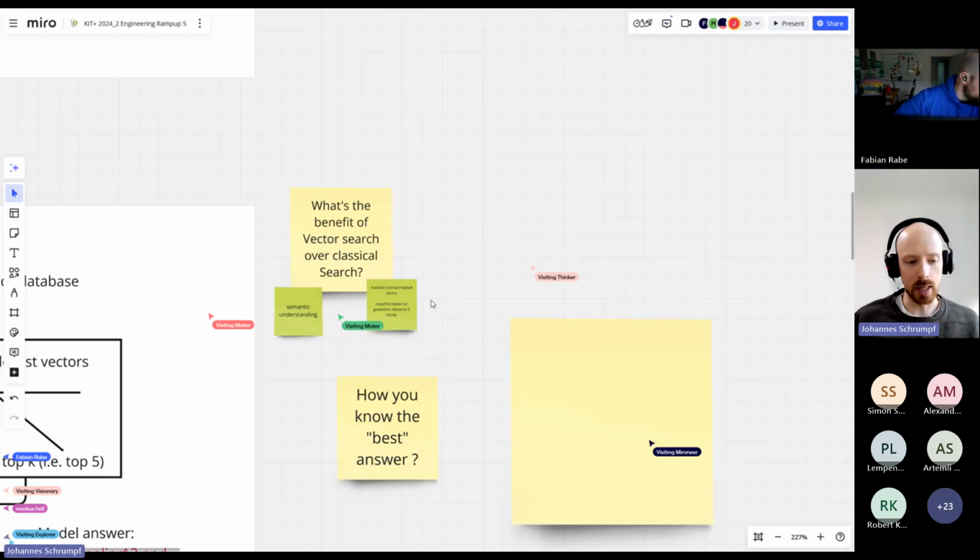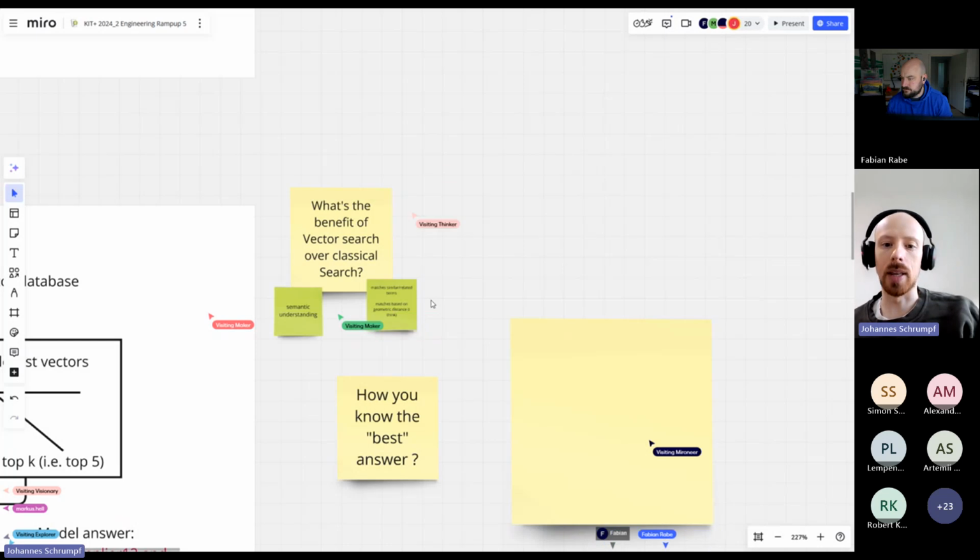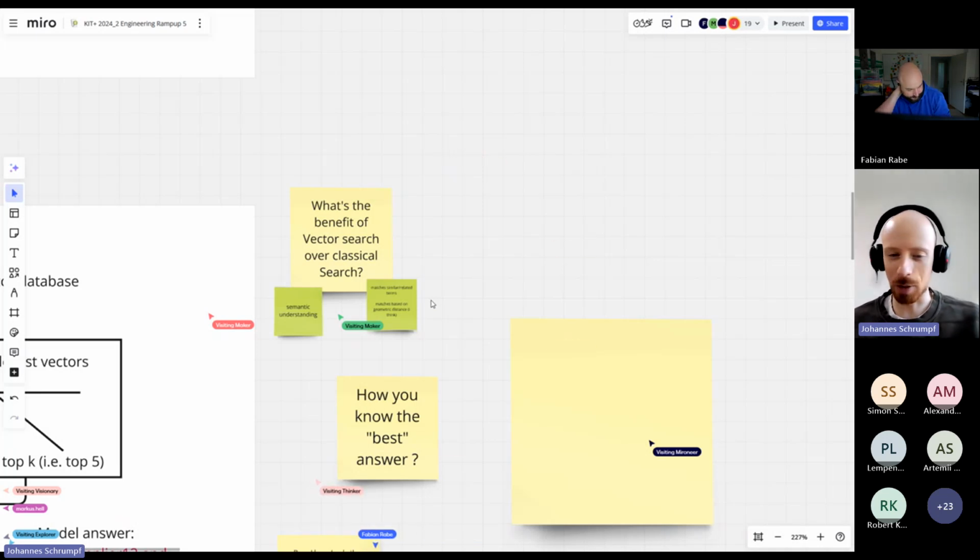So the ability of neural networks to generate these vector representations of meaning is at the core of why neural networks are so powerful, and why they can be used in such a flexible way, so to speak. We have previously encountered this, I think, only once, and only on one slide.